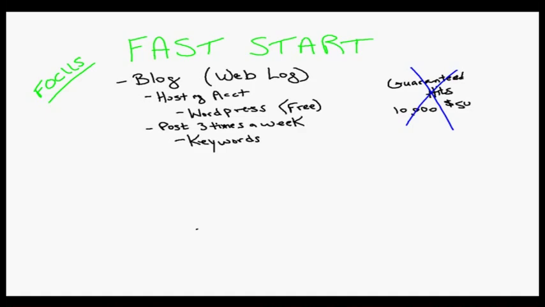So if you're promoting golf equipment, you don't want to be writing about dogs and cats and furniture. You want to write about golf. And you want to use lots of the phrases that people might search for when looking for golf equipment. So you'd be talking about golf clubs and drivers and putters and wedges and whatever, because that's what's going to be the topic related to your blog.